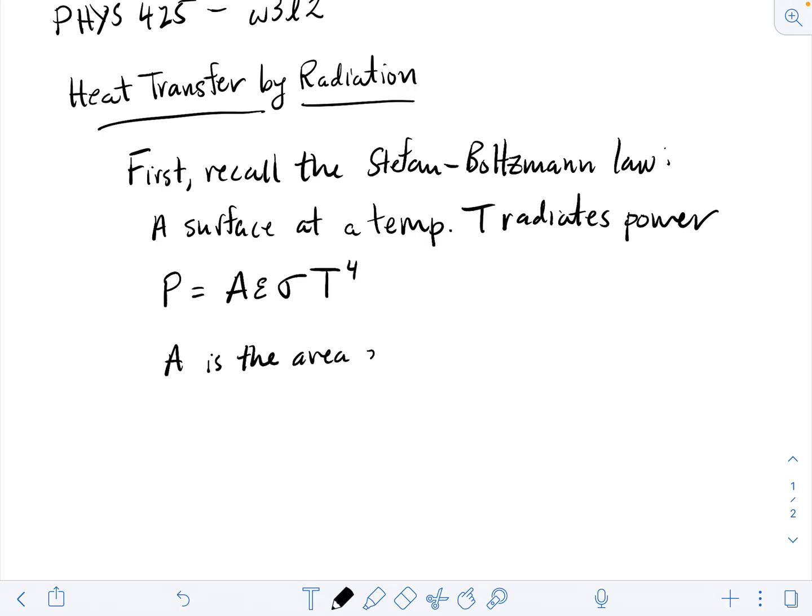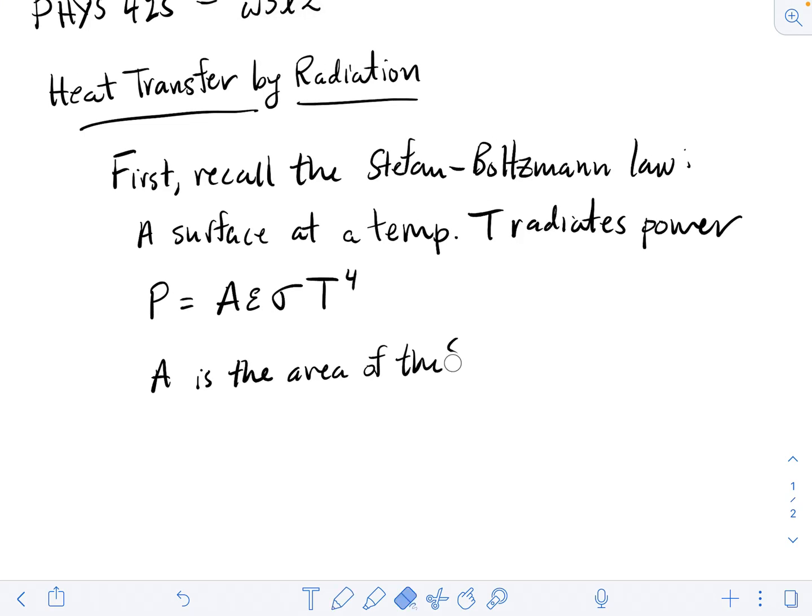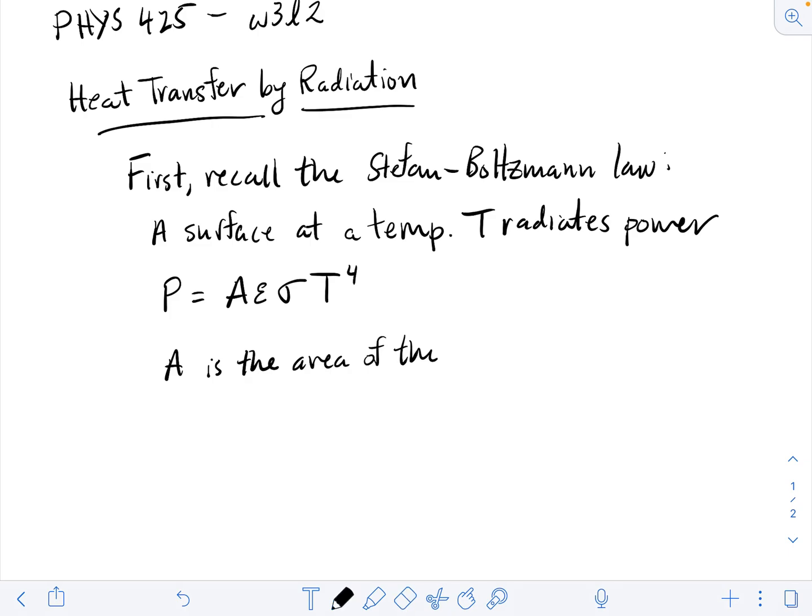So A is the area of the surface. Epsilon is the emissivity.